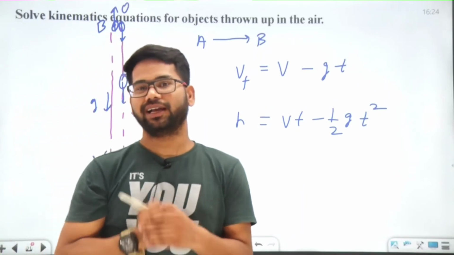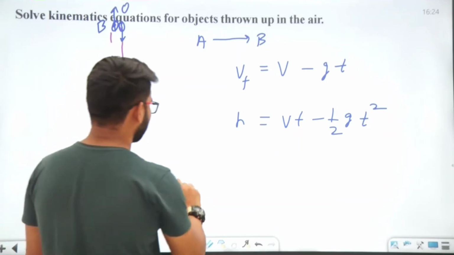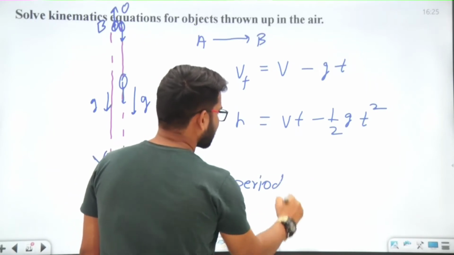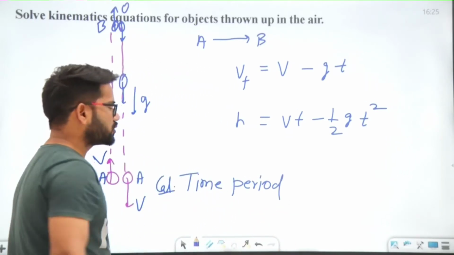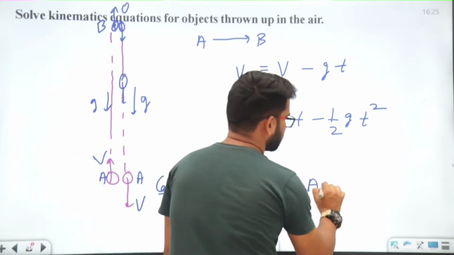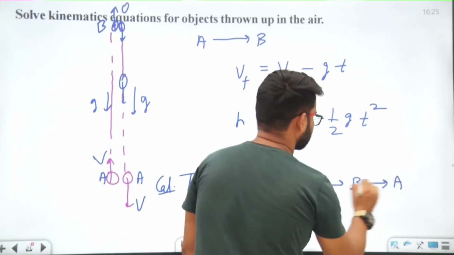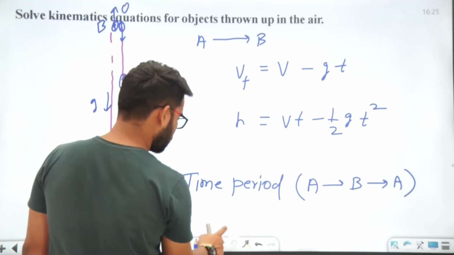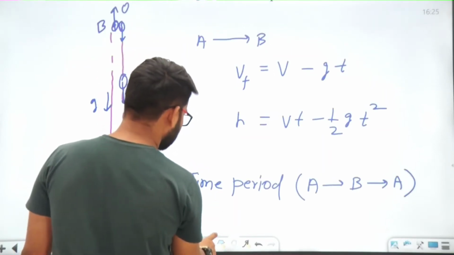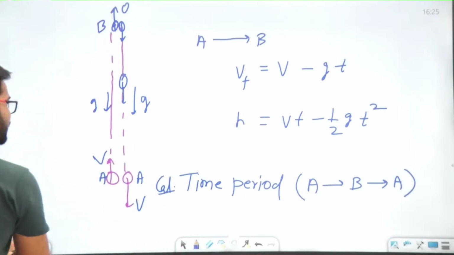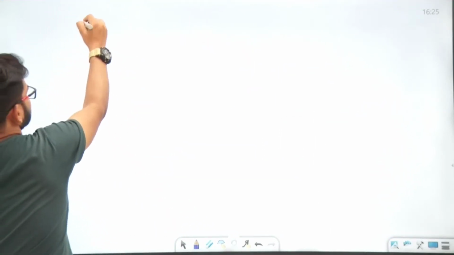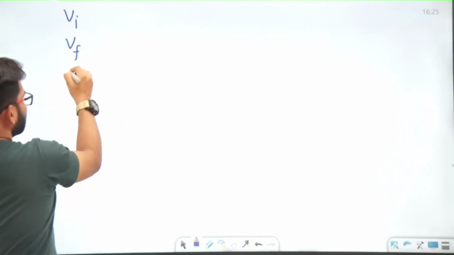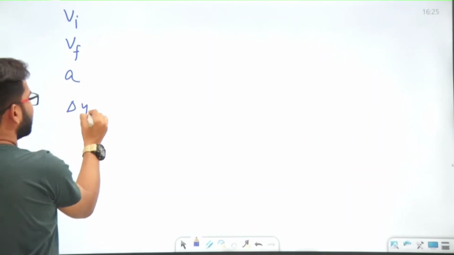If we have to find the time period of this motion, we can take the motion from A to top point B and back to A. Can we write Vi, Vf, a, delta y and t?